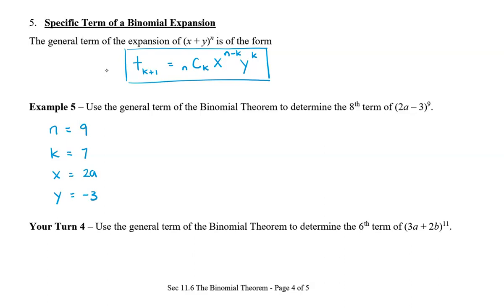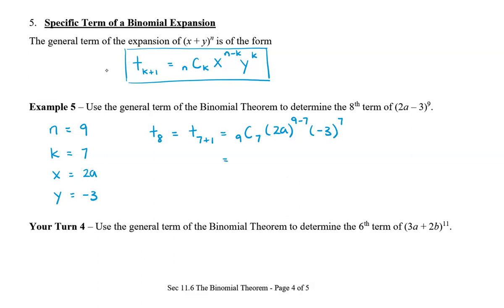So we can write it out like this. If I'm looking for the 8th term, I'm looking for t8, which is the same as t7 plus 1. So now I know that my k value is 7. Then we have 9C7, (2a) to the power of 9 minus 7, and then times (negative 3) to the power of 7.